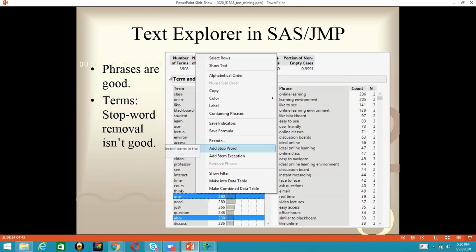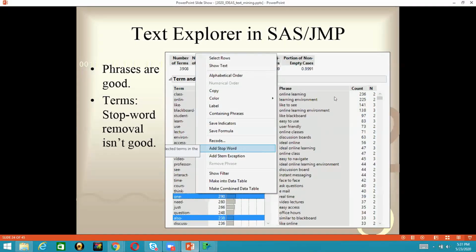Now let's look at this result, the stop words. I need to do more, because words like "also" and "just" remain, so the stop word removal isn't good. I need to do some manual cleaning by hand.